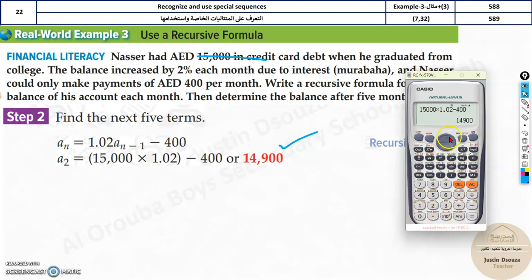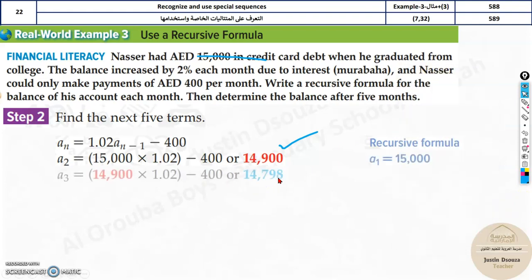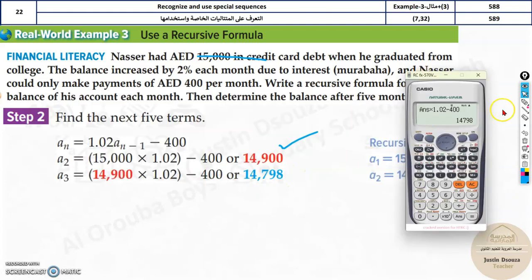So that is the first month. Now 15,000 changes to 14,900. I'll just put the answer. So after 2 months, it'll be 14,798. After 3 months, this would be the answer. After 4 months, and after 5 months, this would be the answer.